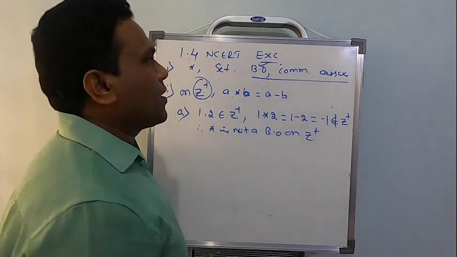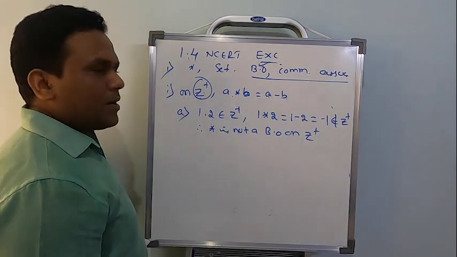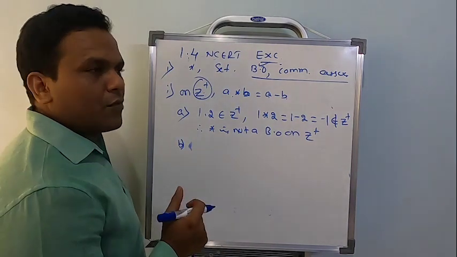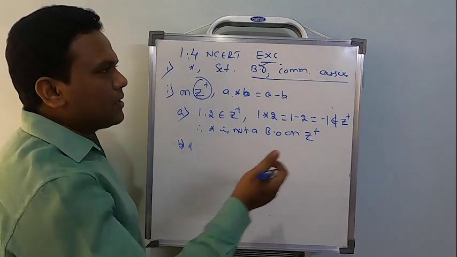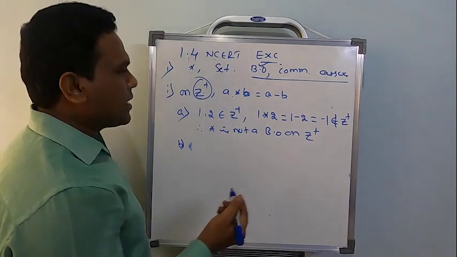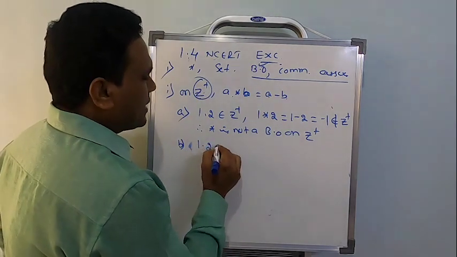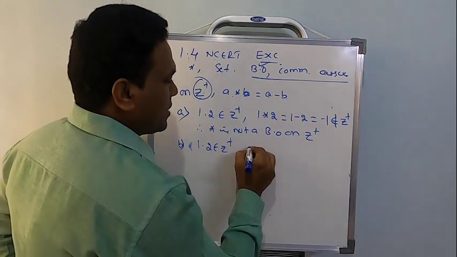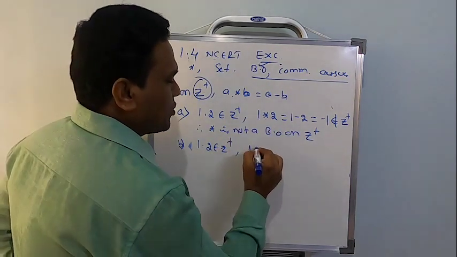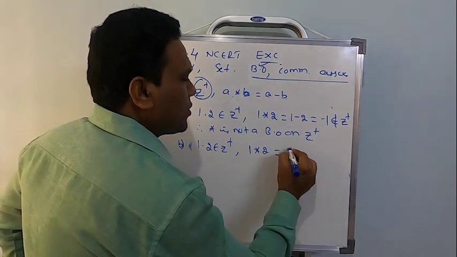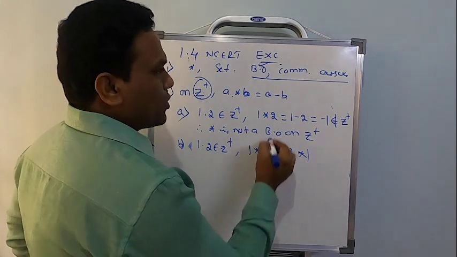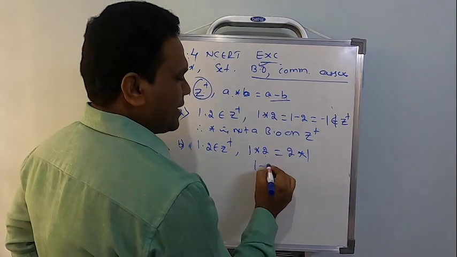First verification is over. Now let us check for commutative. If you want, you can create an example, that's not an issue, or generally also you can consider. So again I will go with an example. 1, 2 belongs to Z plus. Commutative means I should check whether 1 star 2 equals 2 star 1. Now, what is 1 star 2 according to the definition? 1 minus 2.